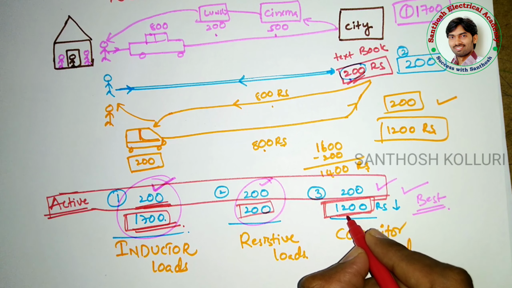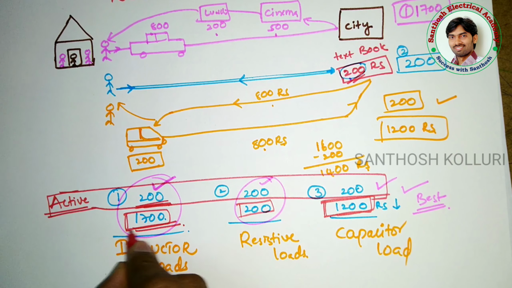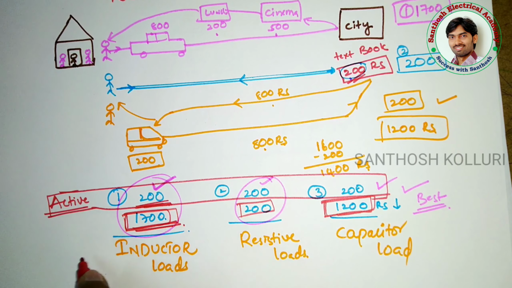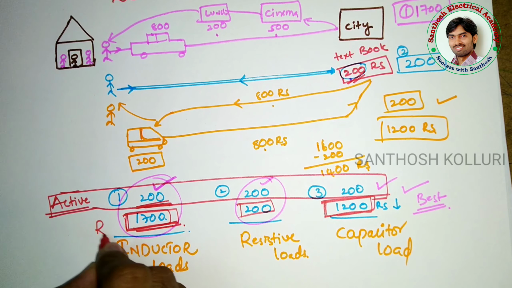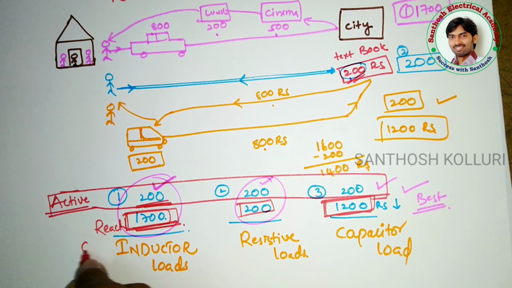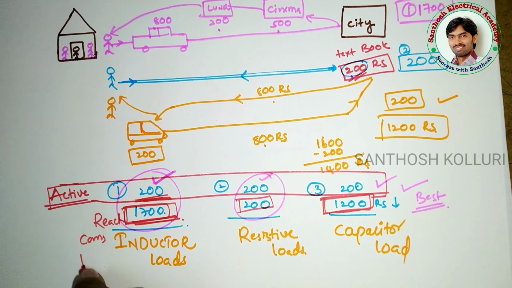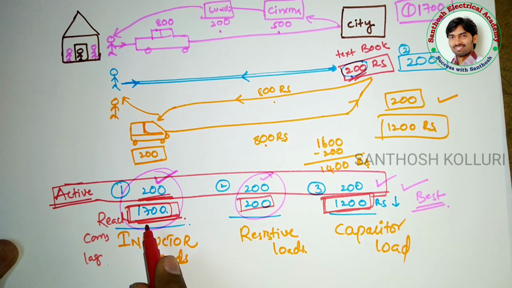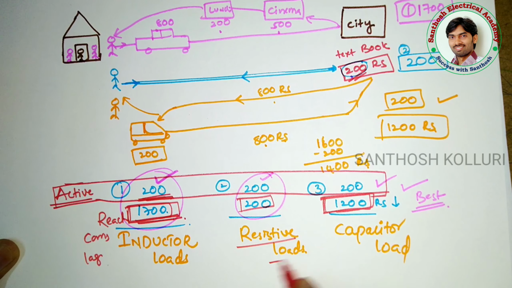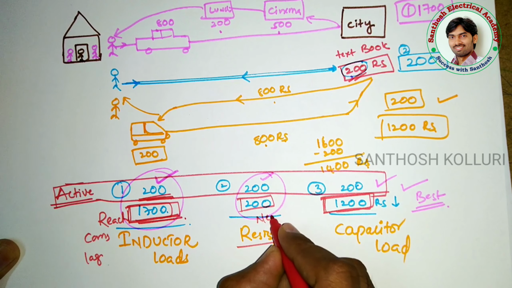When you use an inductive load, you consume reactive power, which we can call lagging reactive power, consuming 1700 rupees or 1700 reactive power, just as an example. In the resistive load, it neither consumes nor generates reactive power.